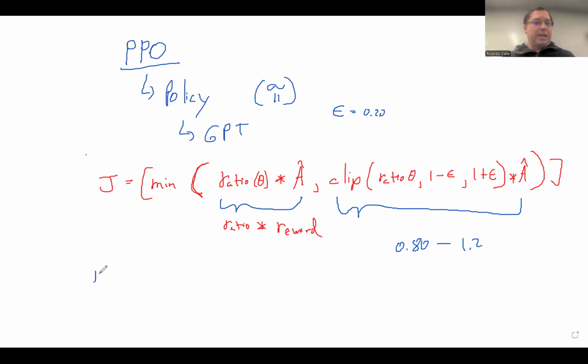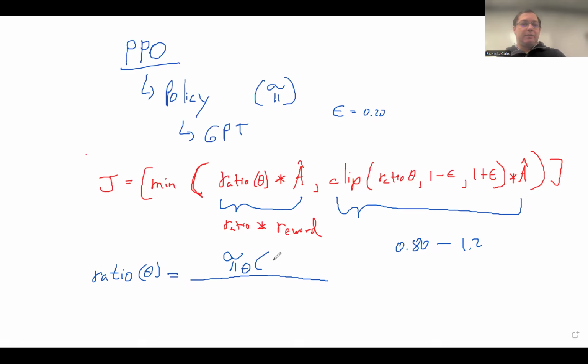Okay, the ratio, I'll write it down, although we expressed it in log space, right? Ratio theta is really, you'll see it written in the paper as something like the policy, which is the GPT, theta, because this is the thing that is being updated or trained.